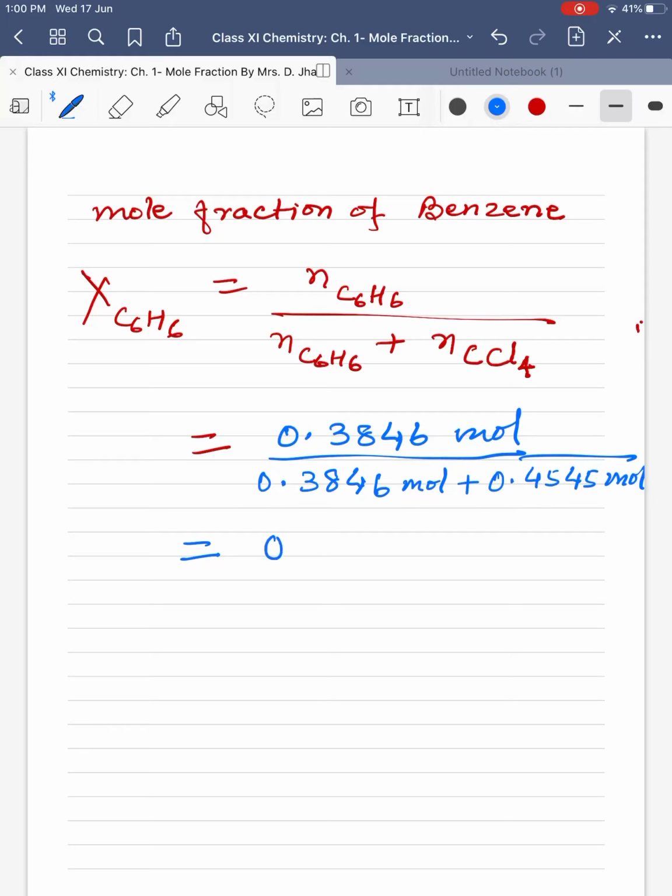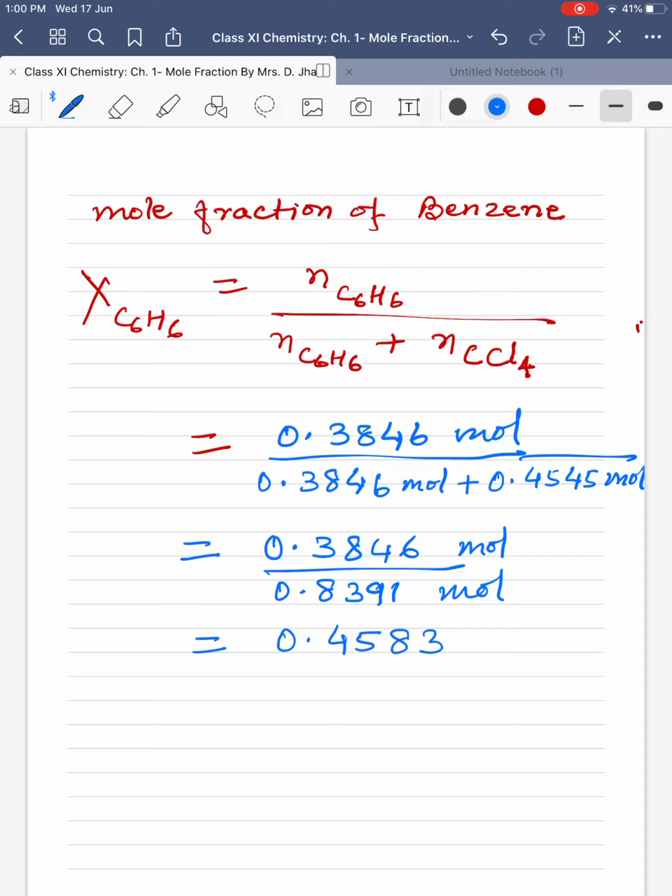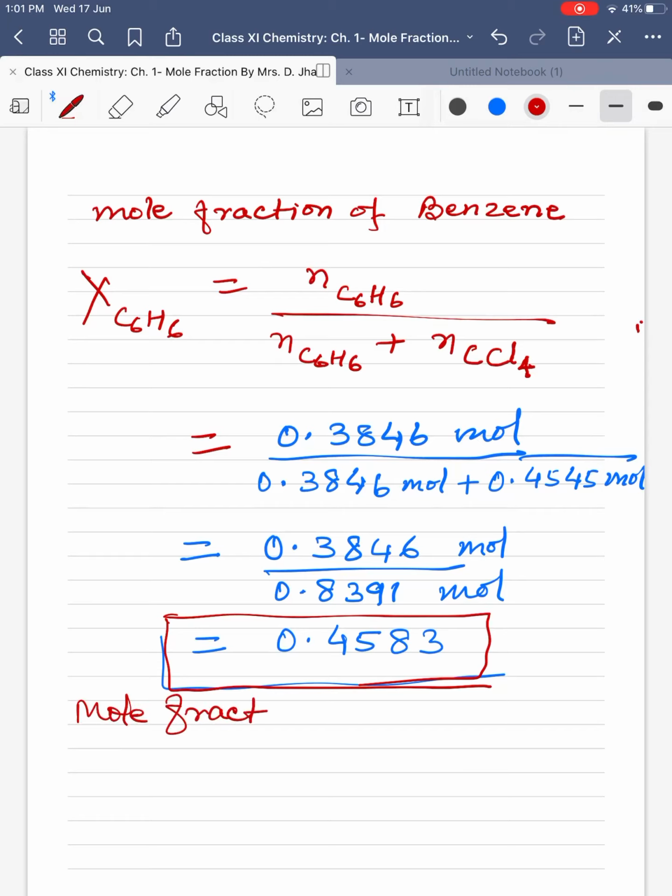It is equal to 0.3846 mole divided by 0.8391 mole, and it would be 0.4583. This is the mole fraction of benzene. So the mole fraction of benzene is 0.4583.